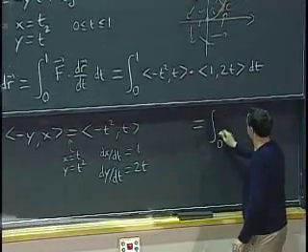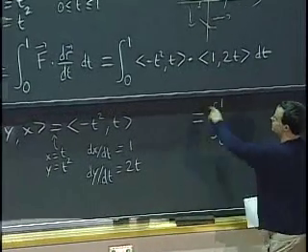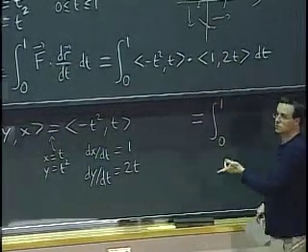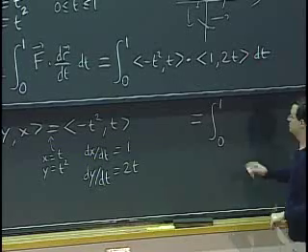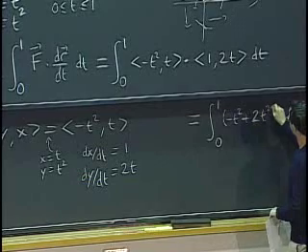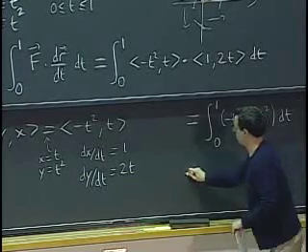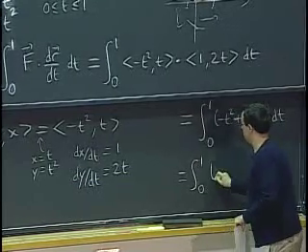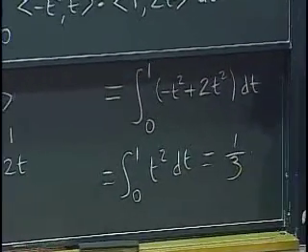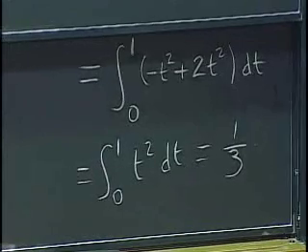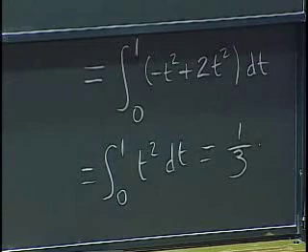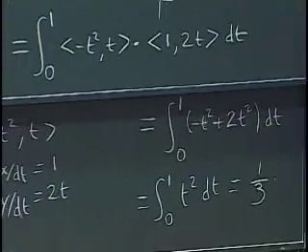We get the integral from 0 to 1 of the dot product, which is negative t squared plus 2t squared, giving t squared, dt. That ends up being the integral from 0 to 1 of t squared dt, which you all know how to integrate and get 1/3. So that's the work done by the force along this curve.